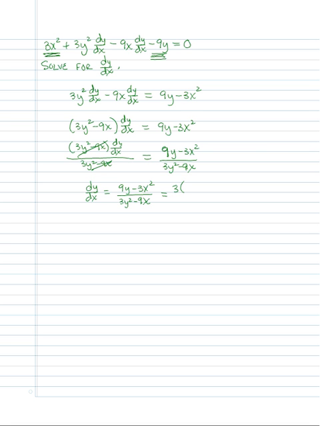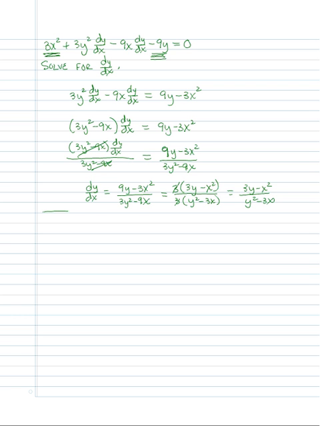So I can factor out a 3 from the numerator and get 3 times 3y minus x squared, and factor out a 3 from the denominator and get 3 times y squared minus 3x. And then those 3's will cancel, and I'll end up with just 3y minus x squared over y squared minus 3x. Okay.